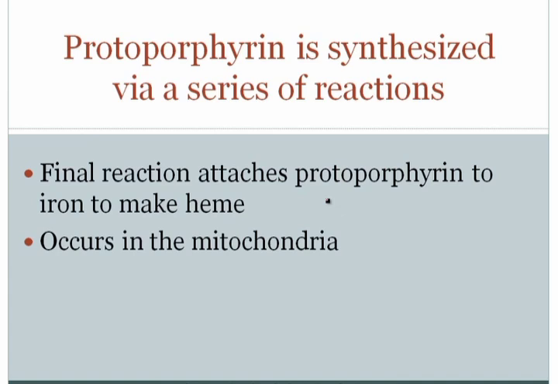Let me go back and create a little bit of a whiteboard here and remind you that the very first step in the production of protoporphyrin is that succinyl-CoA, which I'm going to just abbreviate here, is converted into aminolevulinic acid. That's the first step.